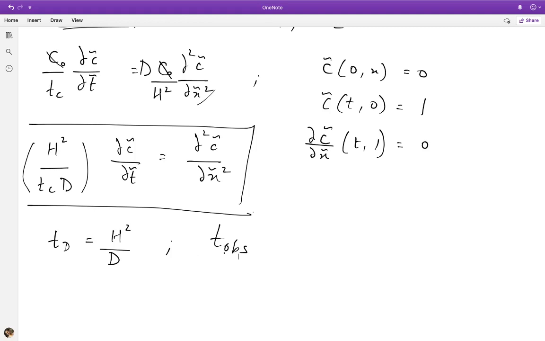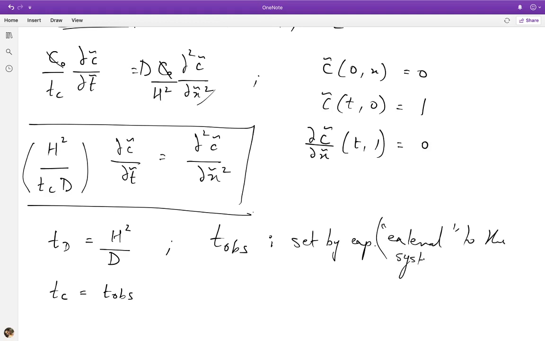So if I choose my characteristic time scale to be the time scale of observation, something set by the experiment, external to the system, it's just a way for us to think about questions like transience and how long it takes to reach a steady state in terms of scaling.